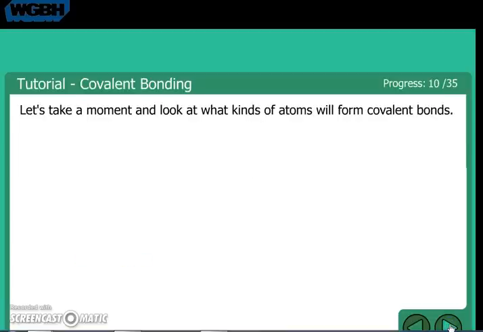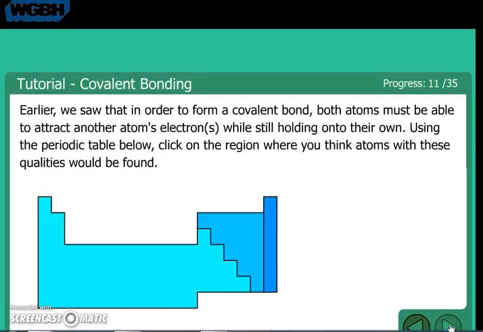Let's take a moment and look at what kinds of atoms will form covalent bonds. Earlier, we saw that in order to form a covalent bond, both atoms must be able to attract another atom's electrons while still holding on to their own. Using the periodic table below, click on the region where you think atoms with these qualities would be found.